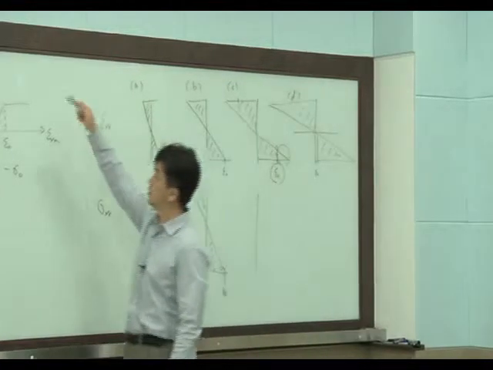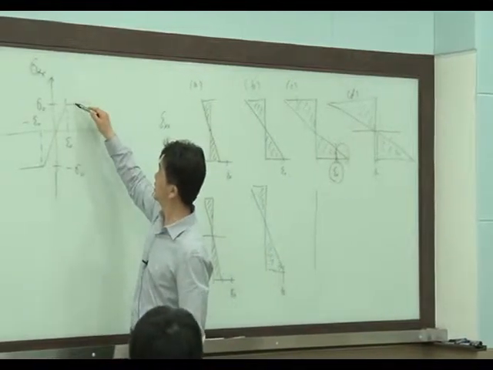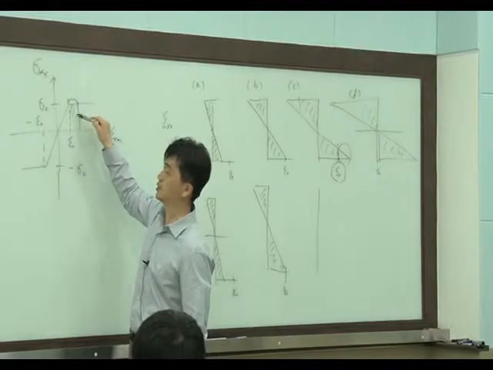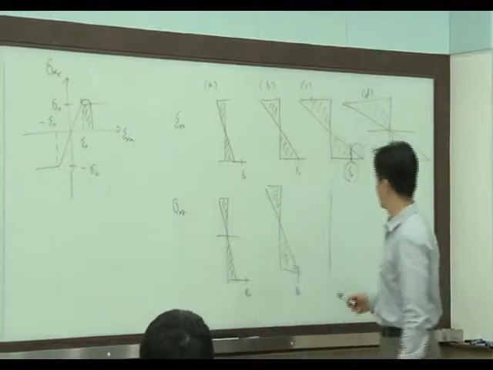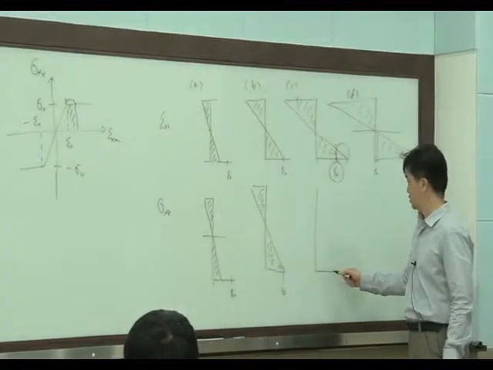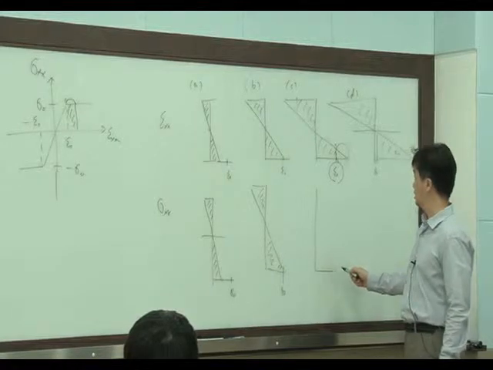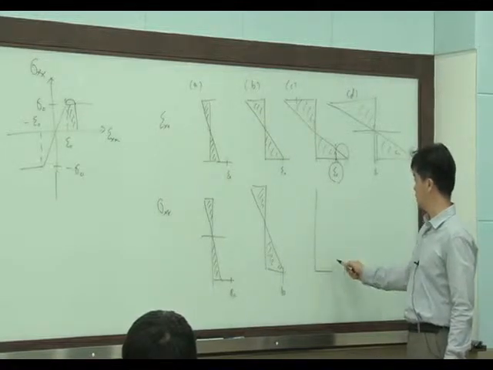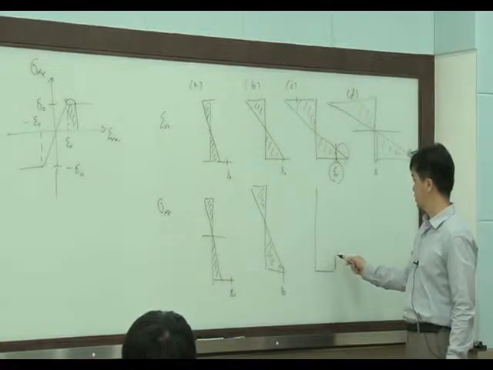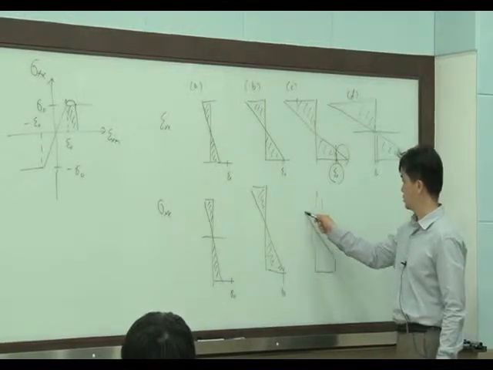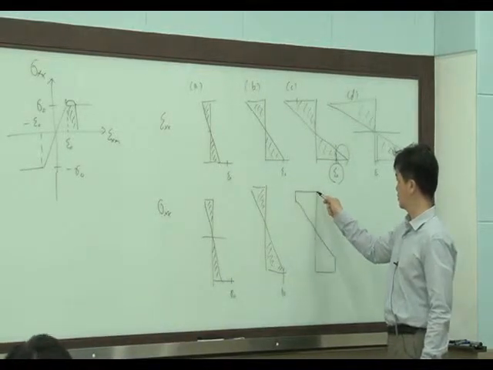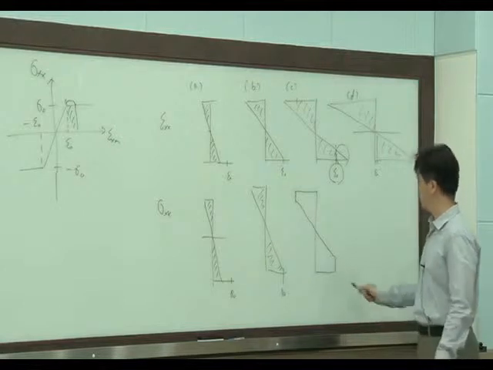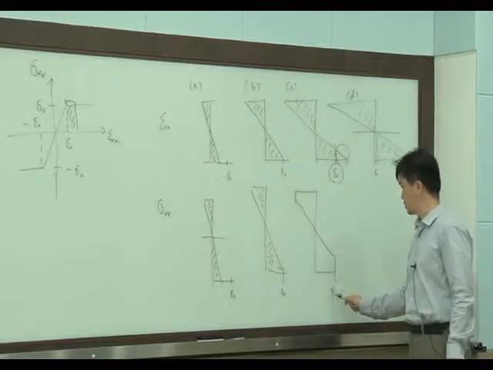So the strain shape is changed. Okay, and at this part, this is sigma 0.